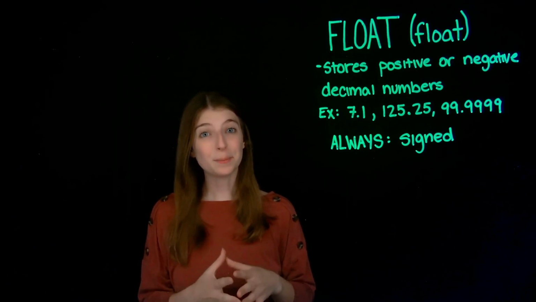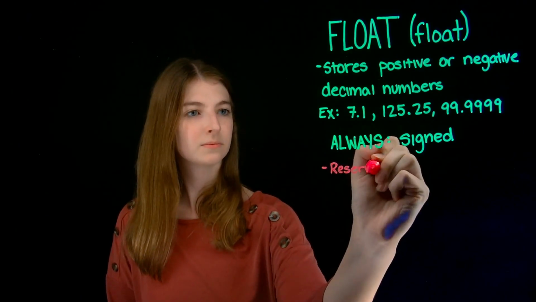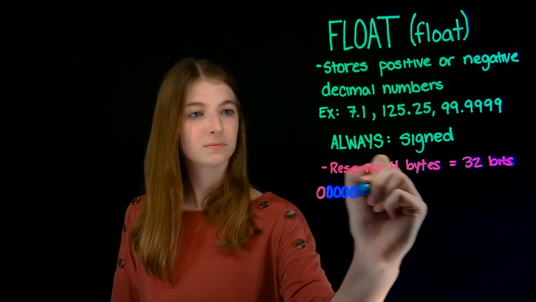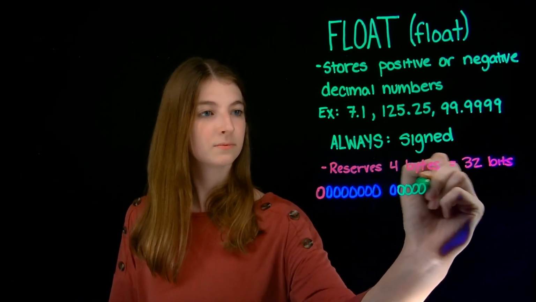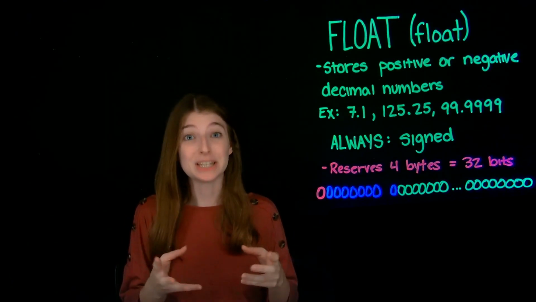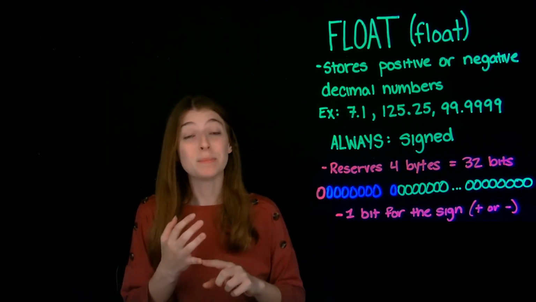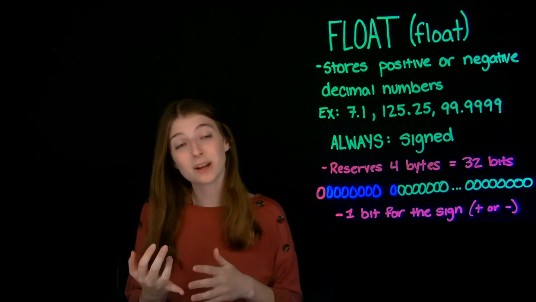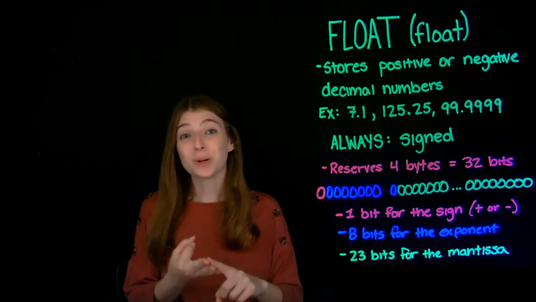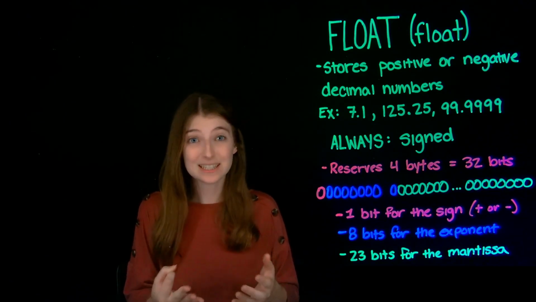In terms of memory, floats reserve 4 bytes, which we said is 32 bits. Floats store numbers differently than integers, though. Instead of storing one whole number, we're breaking the binary number into 3 different parts. 1 bit for the sign, whether it's a positive number or a negative number, 8 bits for the exponent, and 23 bits for something called the mantissa.